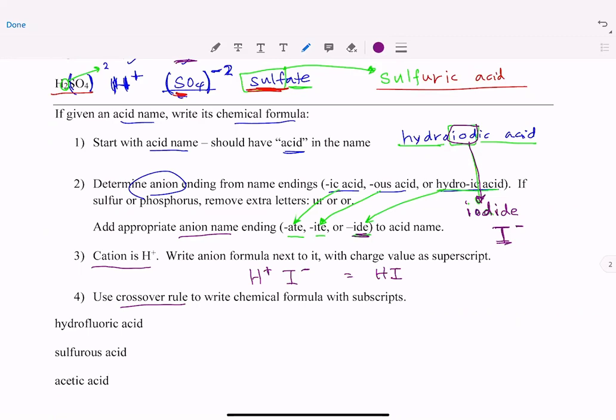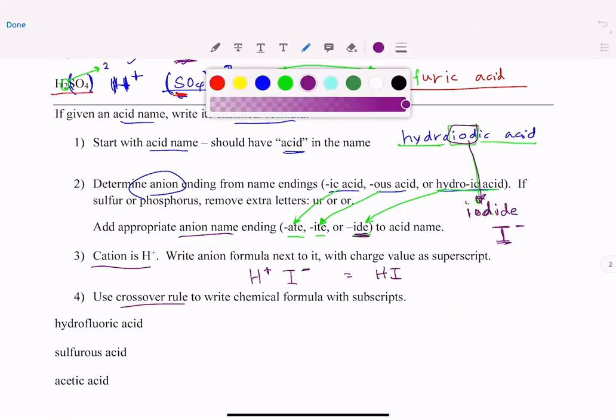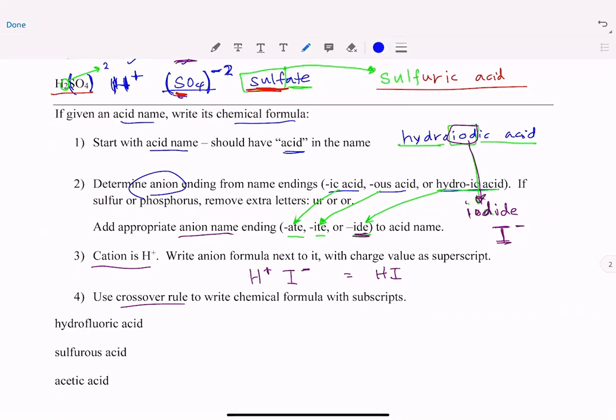So let's take a look at this next example, which is hydrofluoric acid. Notice that there's a hydro and ic acid. So take what's left, which is FLUOR. From the beginning and ending, the hydro-ic acids have the name ending IDE. So I'm going to add IDE, and that's fluoride, the name of the anion. So what is fluoride?